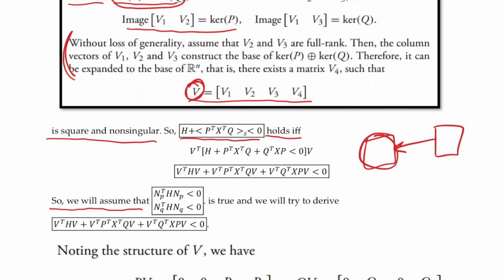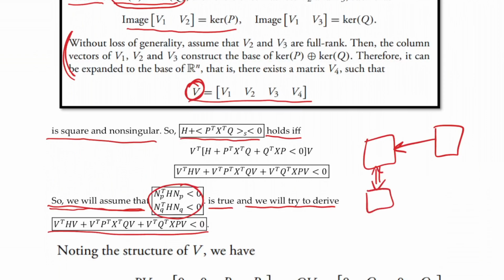All right. And so let's restate what we are after. We will assume that second condition is true, and we will try to derive this. You can notice that this term is here.